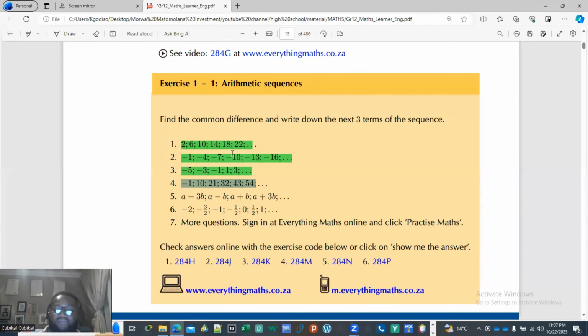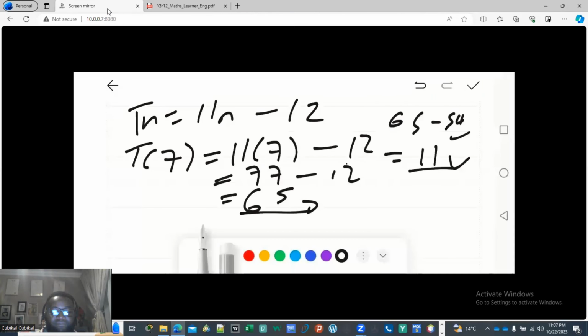So going back, we're going to say 65 minus 54. That is going to give us 11, which is correct because the common difference is what? 11. Which is very much correct.